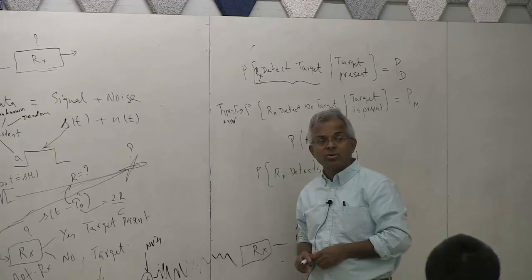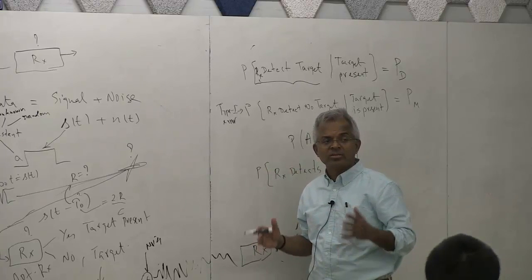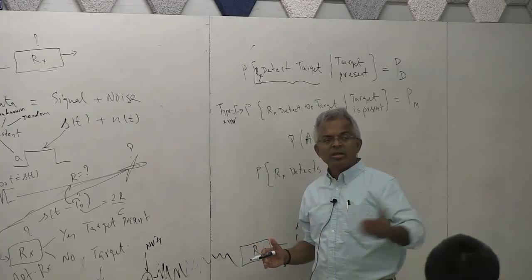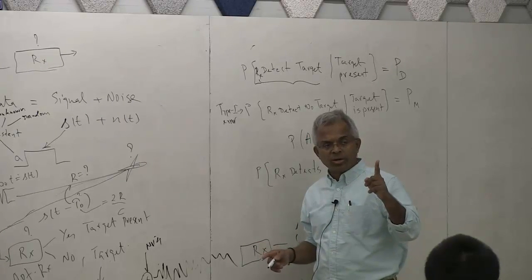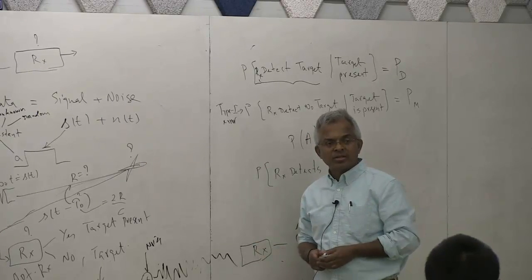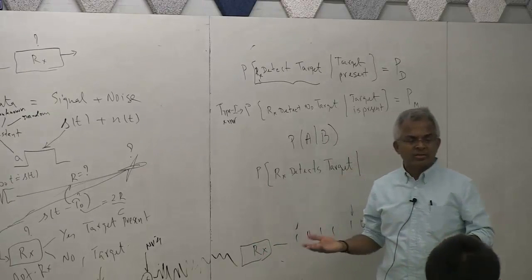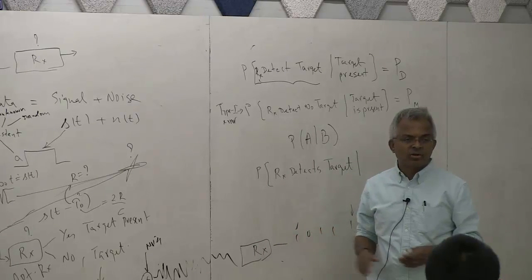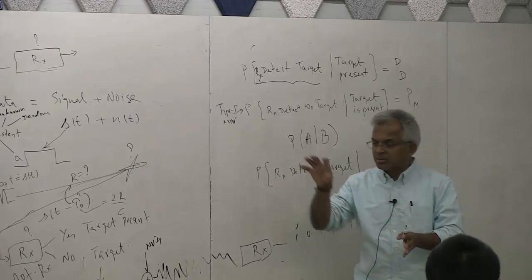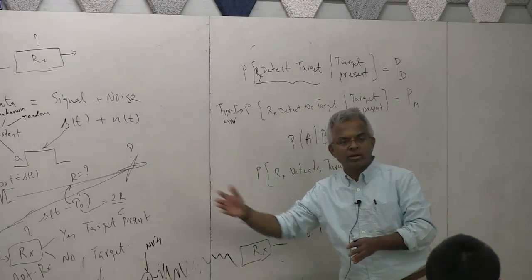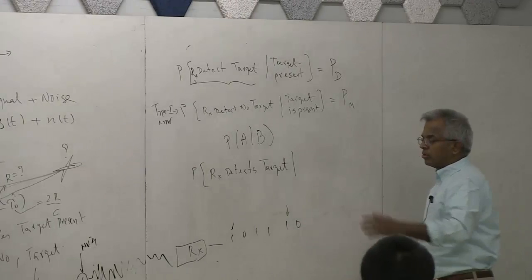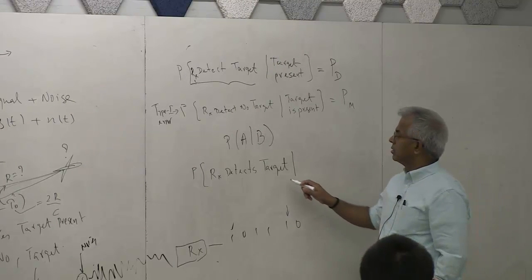The decision is going to be yes or no. Yes means target is present. In a communication scenario, yes means the bit that is coming in is 1. No means, let's say, the bit is 0, etc. So whether it's radar or communication, it's all the same thing. You take some data, process it, make an output. Take the next chunk of data, process it, and put the output. And we want to do this error-free.